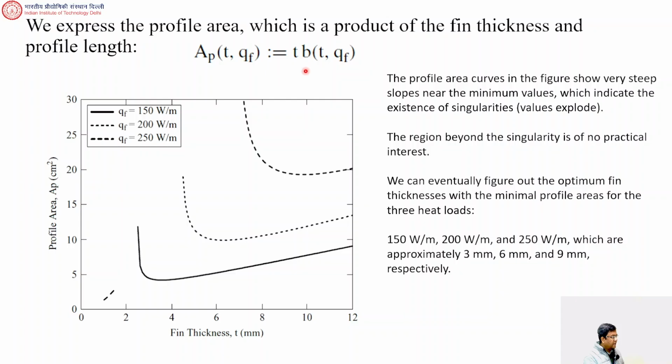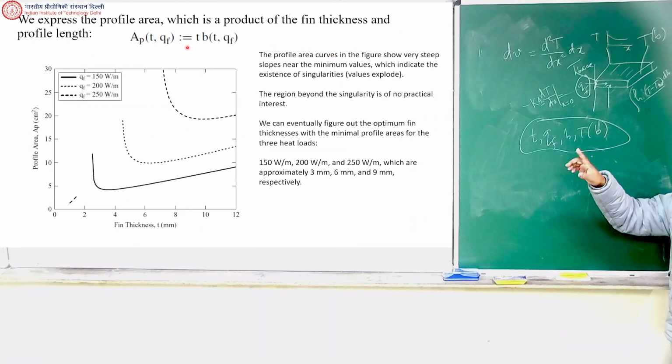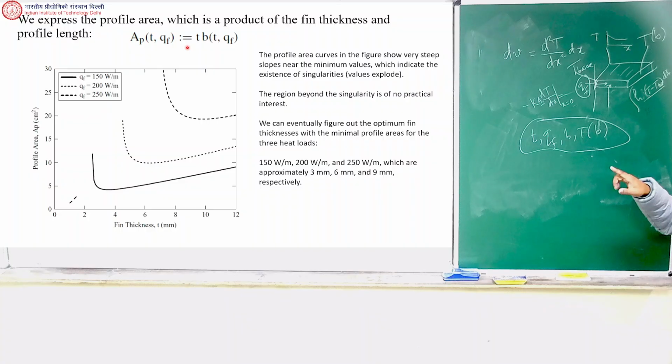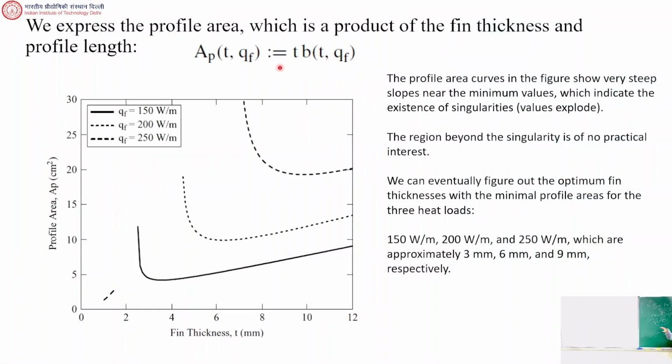The profile area is just B into T. We know that AP is B into T. He uses this notation here, a colon and then an equality, to mean that he has used MathCAD. It's just MathCAD notation. I mean, he implies that when he writes this, he has entered that expression into MathCAD.